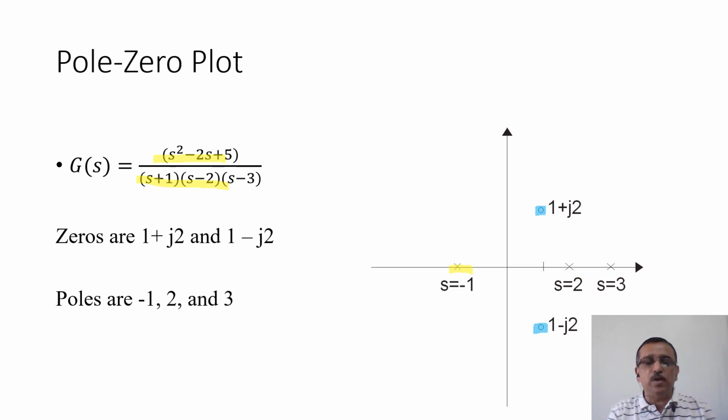So where is minus 1? This is minus 1. You can see this small cross here. Then plus 3, I put a small cross. That is how we mark poles. So this is the standard convention. Please follow it.